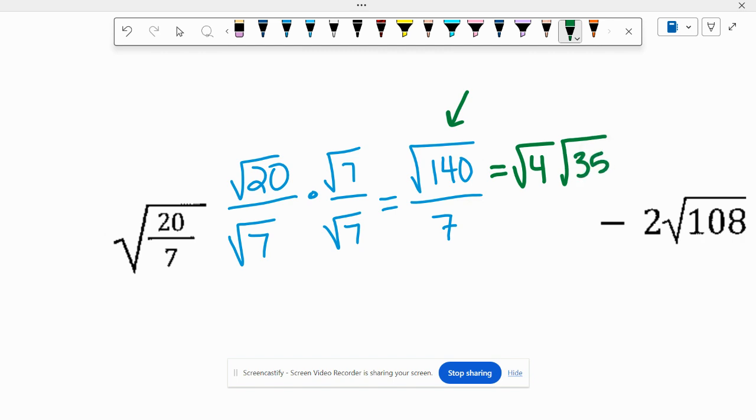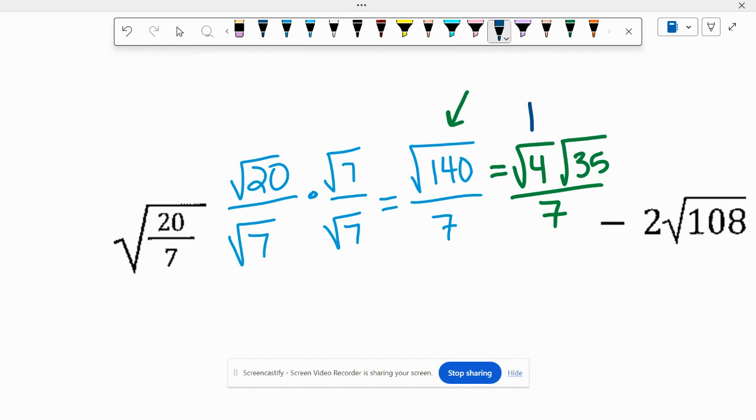It's 35. Okay. So 35, let's see, perfect squares. 35 is not divisible by 4. It's not divisible by 9. It's not divisible by 16. It's not divisible by 25. The next perfect square is 36. We're already bigger than that number, so it can't be simplified.